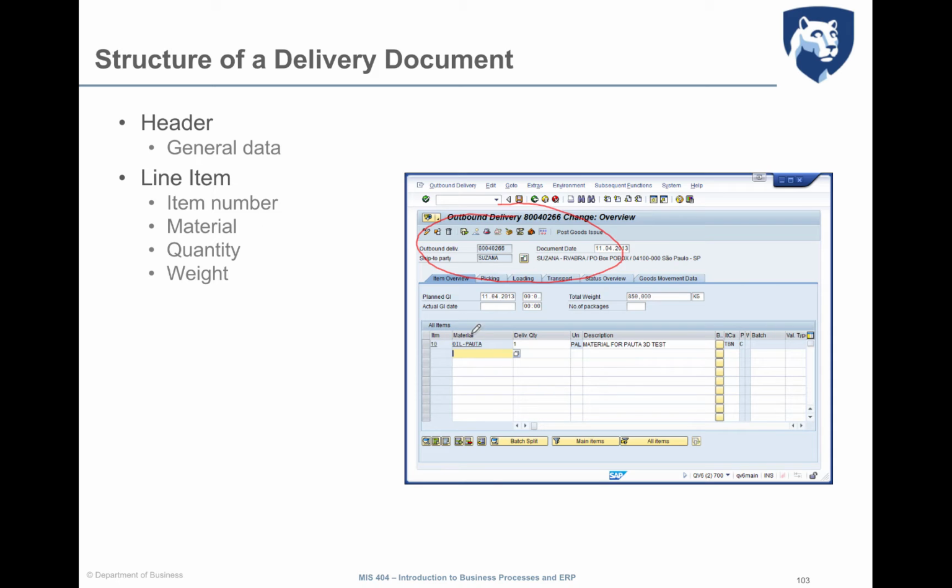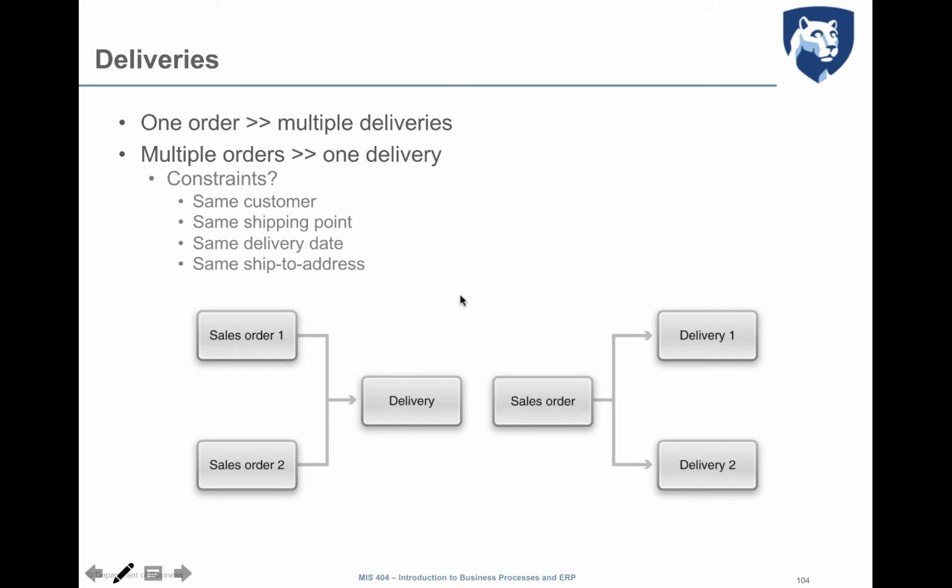For example, you have the item number, the material, the quantity, the weight, and so on in the item overview tab. The structure is the same as any document that we have already seen in SAP ERP, and now you should be very familiar with that. You see that there is a continuity of structure in this process.